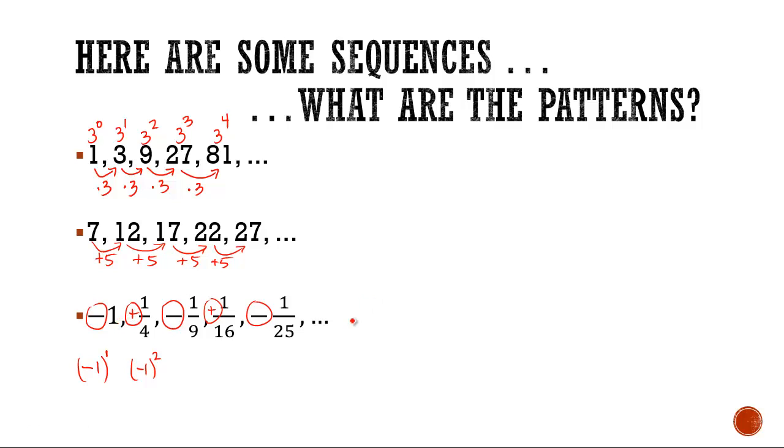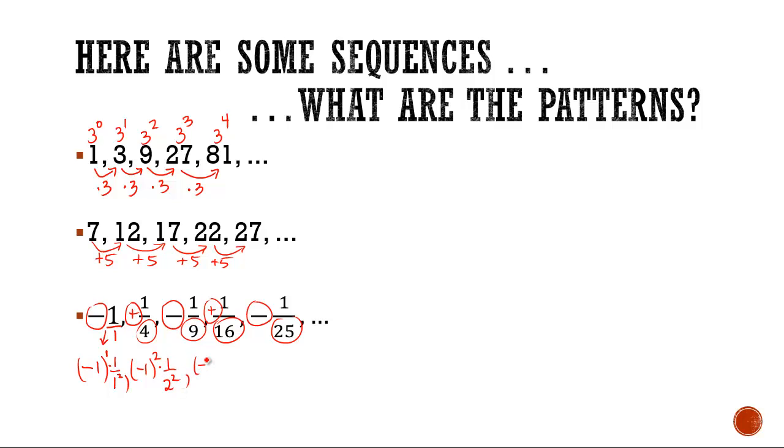The other thing that's happening here is this is 1 over 1. And now you can notice that 4, 9, 16, and 25 are all perfect squares. So what's actually happening is here we've got -1 to the power of 1 times 1 over 1 squared. Here we've got -1 to the power of 2 times 1 over 2 squared.